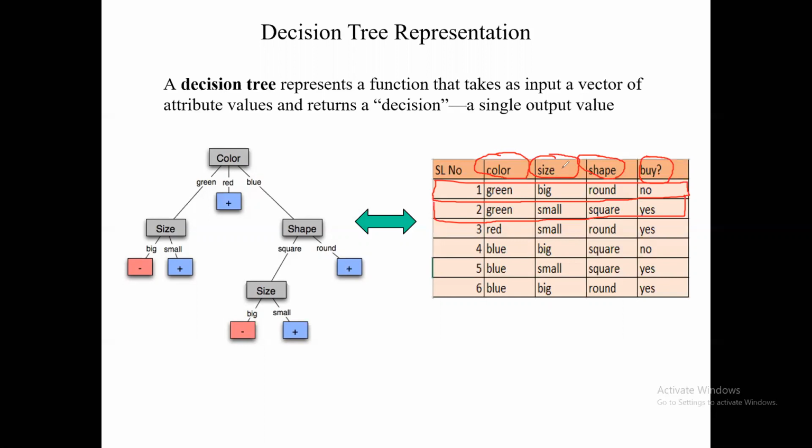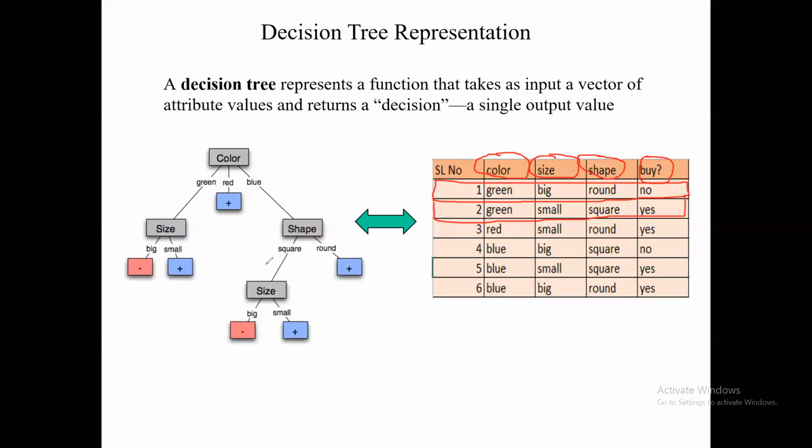In example 1, the value for size is big, value for shape is round, and the decision is small. In example 2, again the color attribute has value green, size attribute has value small, shape attribute has square, and the decision is yes.